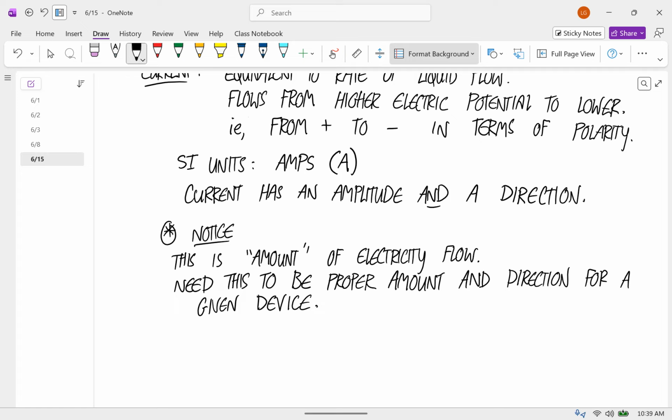There are some devices we'll use where it'll work kind of the same way no matter which direction current is flowing, but most of the time you'll need to be aware of what direction electricity is flowing.